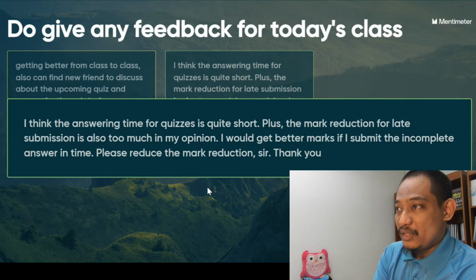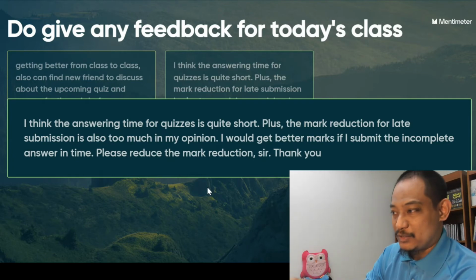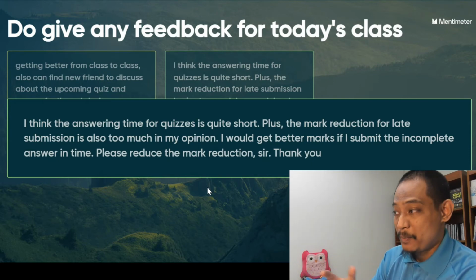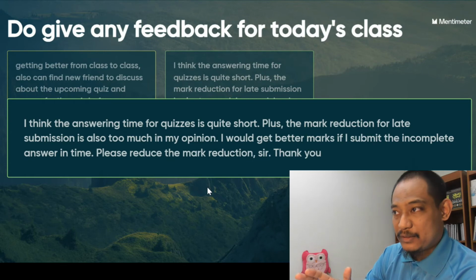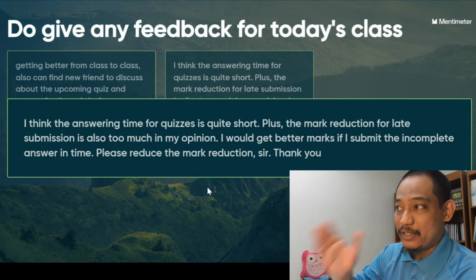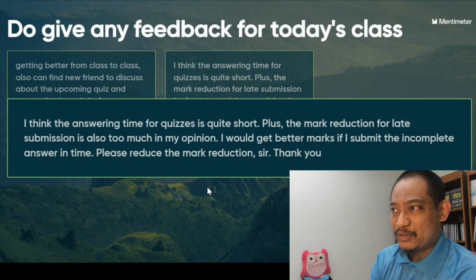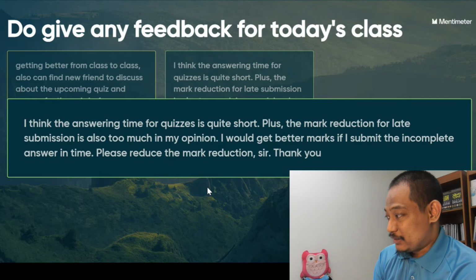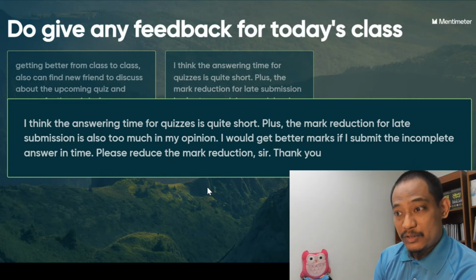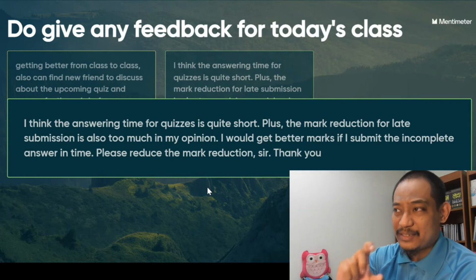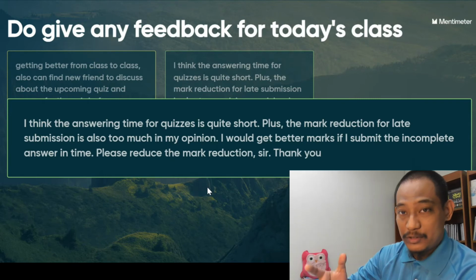Otherwise, if the mark reduction is an issue, I'll just say anyone who submitted after the deadline, I'll just ignore. That's easy, I think. But some students, because something happened, may be genuine, so I'll make it so they can still get some marks and not totally zero.